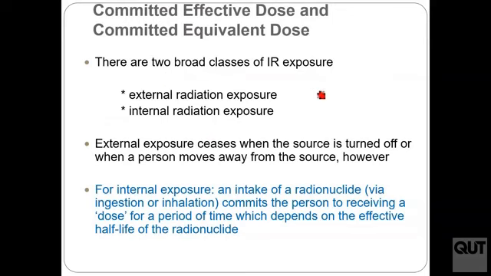So far we've assumed that the doses we receive are from external radiation exposure, but you can actually have internal radiation exposure. For example, a uranium miner might breathe in some uranium dust, and that might stick to their lungs and stay there for the rest of their life and continue to irradiate them from within, and they can't get rid of that.